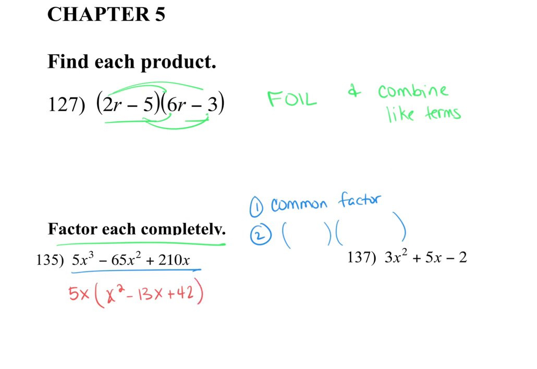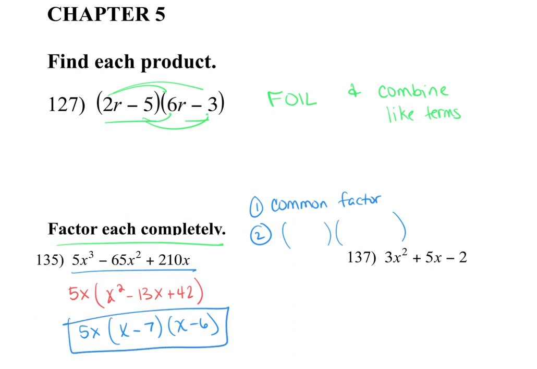And when I have just an x squared, all I have to worry about is factors of 42 that add up to 13, okay? So I can just go straight to my 2 right here. All right, I did negative, negative because I wanted a positive 42. And then I wanted a negative 13. So to multiply to get positive 42, add to get negative 13, I had to do negative 7 and negative 6. And I'm actually done.